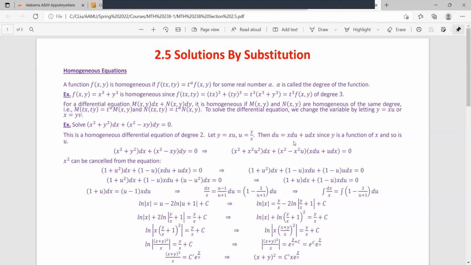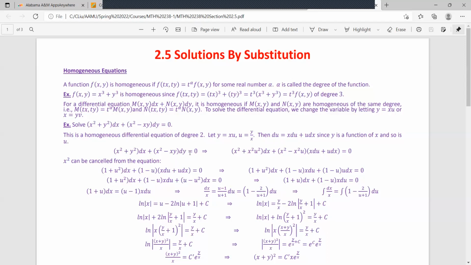And what it gives is just x du plus u dx. Okay, so you can check yourself at home or double check it. So we know y is a function of x and u is also a function of x in this case. So then you just replace dy by x du plus u dx, okay?